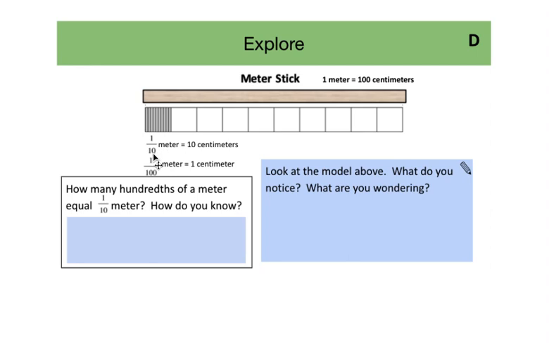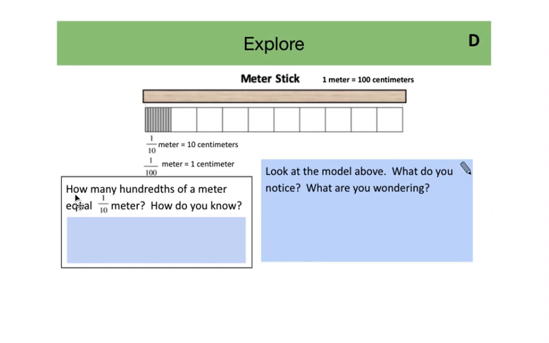So it says here 1/10 of a meter is 10 centimeters and 1/100th of a meter is 1 centimeter. How many hundredths of a meter equal 1/10 of a meter? How do you know? Look at the model above. What do you notice? What are you wondering? So go ahead and answer those questions. You can go ahead and pause, and when you're ready, you can unpause.